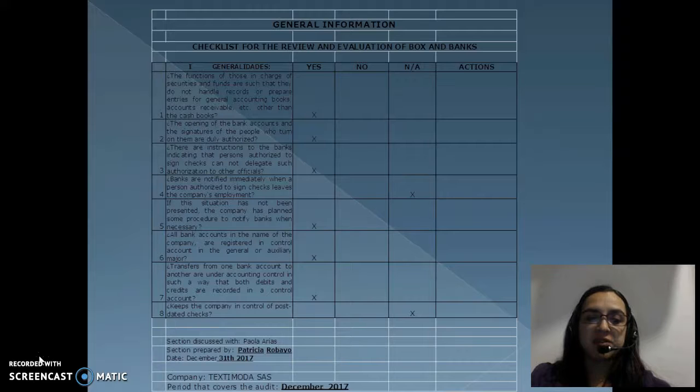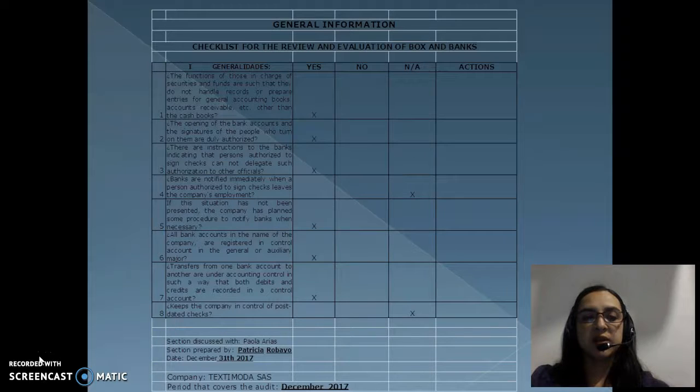The interest generated by the financial obligations during the year is reconciled in total at the close of December 31. The balances in foreign currency were adjusted to the closing TRM as of December 31.